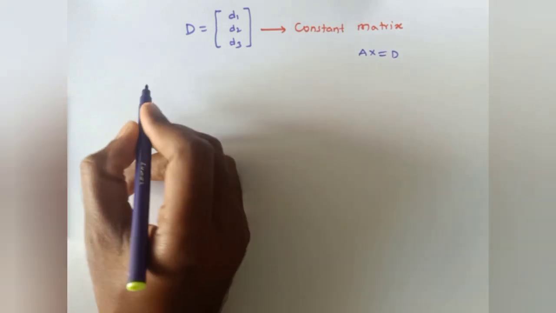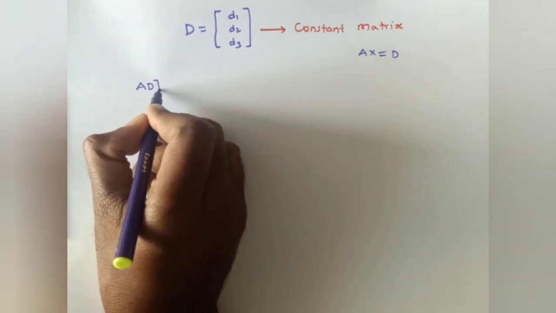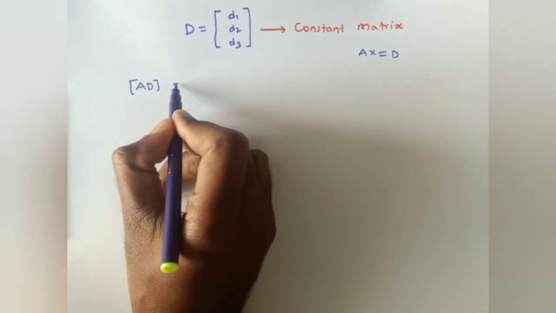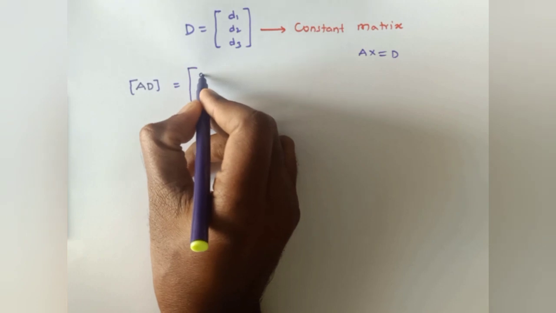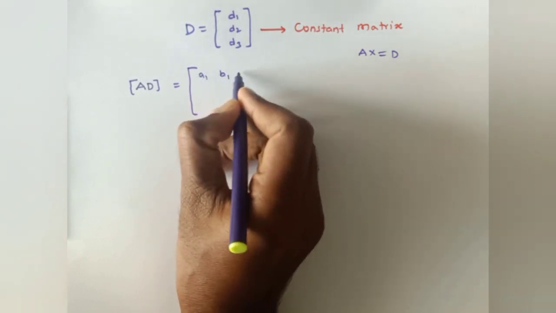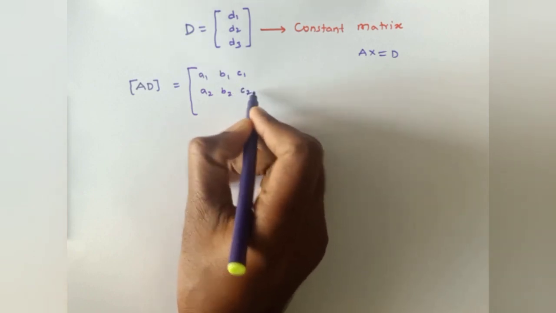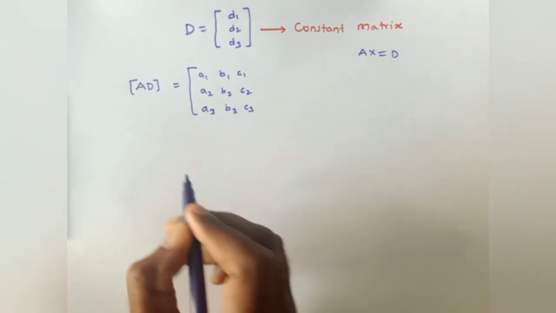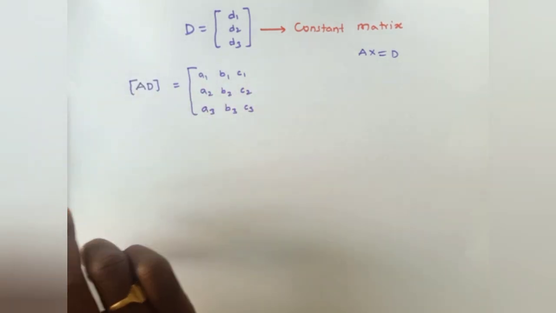And one more matrix is there, that is AD. You need to mention it like this, AD, where A means the coefficients: A1, B1, C1, A2, B2, C2 and A3, B3, C3. And here D is there. Now this indicates not a multiplication.